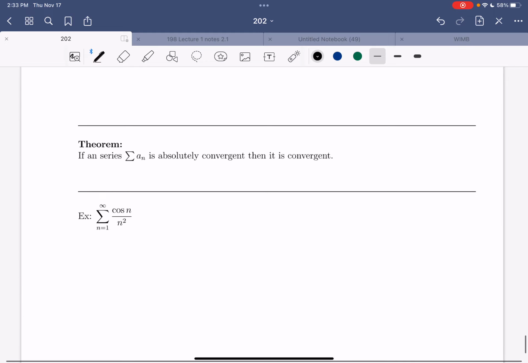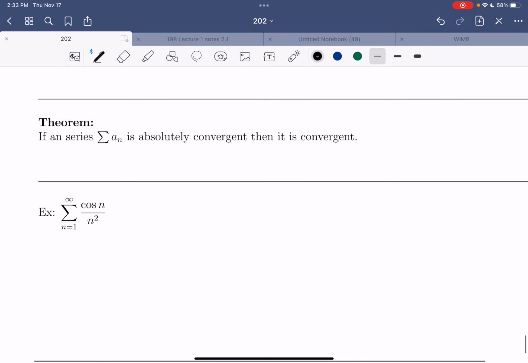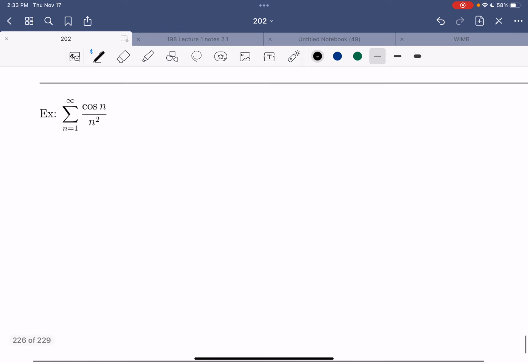Okay. And here's a theorem that tells you that being absolutely convergent is stronger than being convergent. And so if you can show that it's absolutely convergent, then it's also convergent. Okay. So let's take a look at this example.